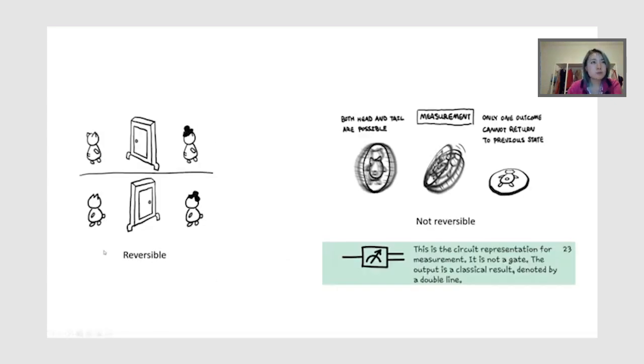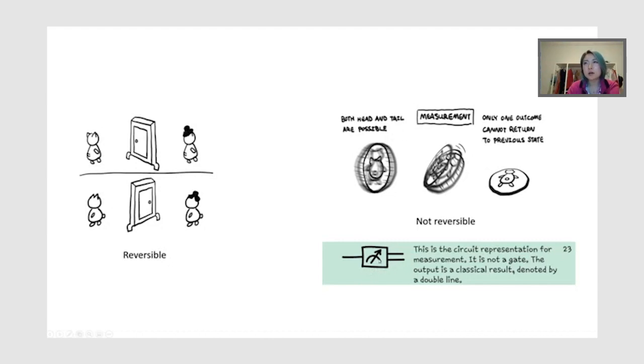Gates, we also mentioned, are reversible. But measurement is not reversible. Yet we can still use a graphic representation to represent the measurement. It looks like a probe, a dial. So this is how we draw measurement.